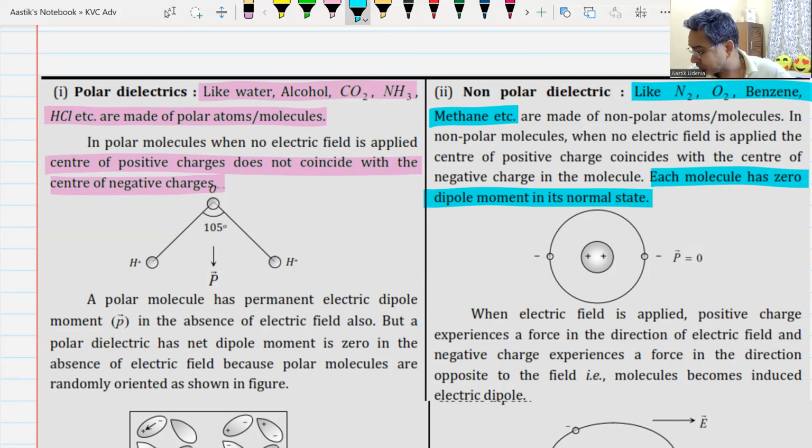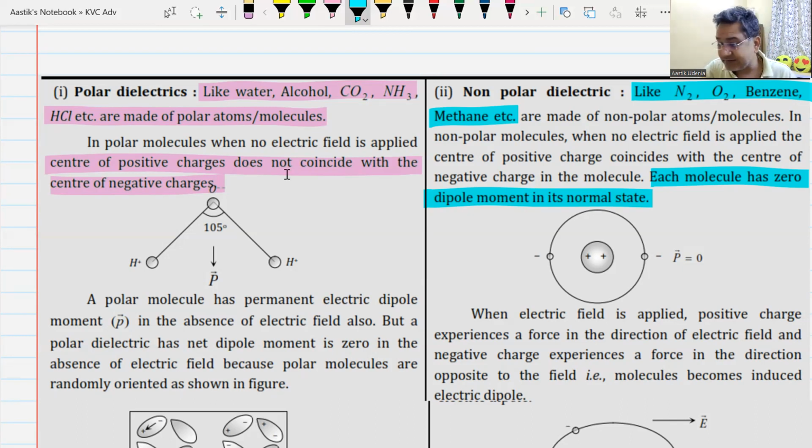Now, when this polar or non-polar substance is placed in an electric field, when there is no electric field, the net dipole moment of the entire thing is zero, even if it is a polar dielectric, because these dipole moments are in random directions.